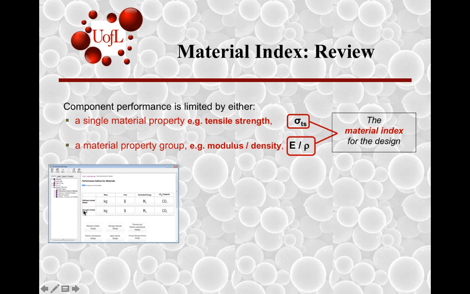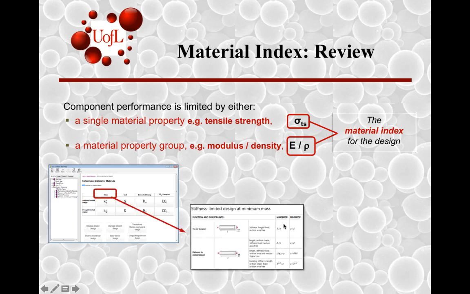So we go from single component indices to combinations as listed over here that depend upon shape, and on other factors as well.